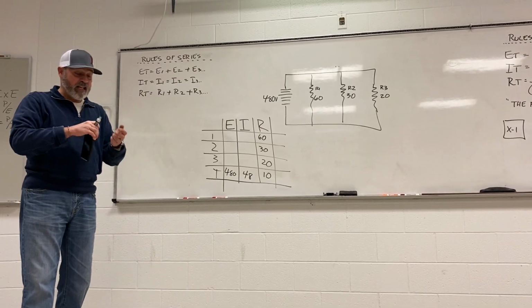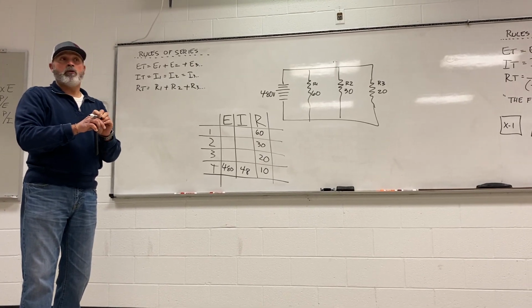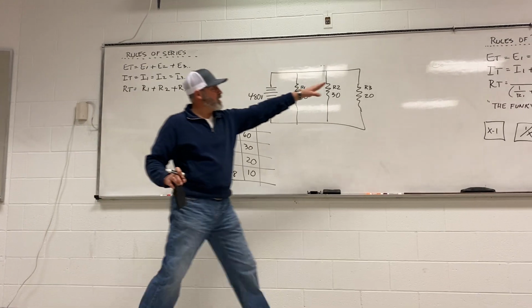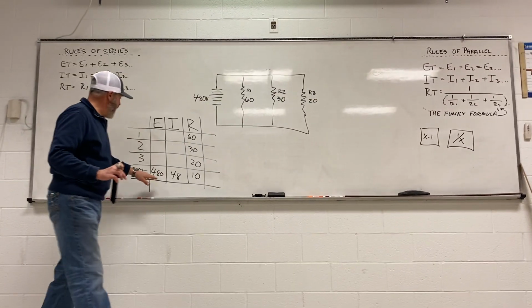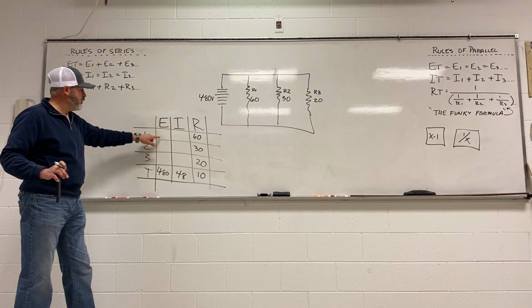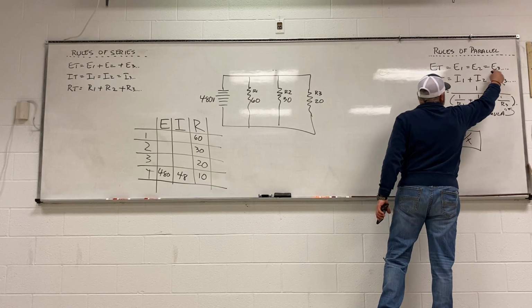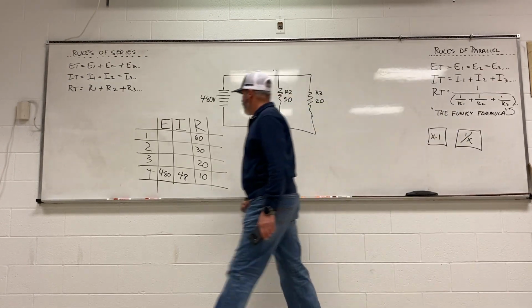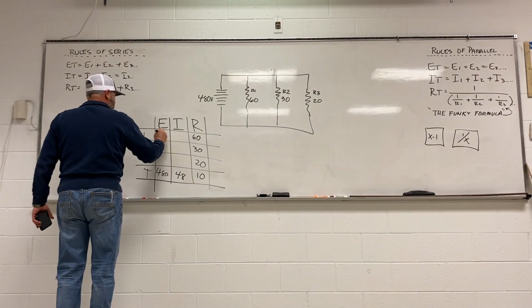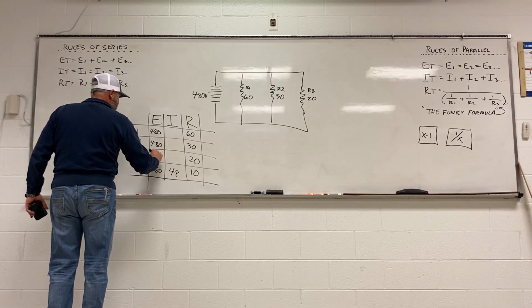Okay, now, something else that we could have done, and this nearly happens on every Ohm's law problem, there's different orders that we could have done. Probably you already seen it, that the total voltage stays the same. So 480, 480, 480.